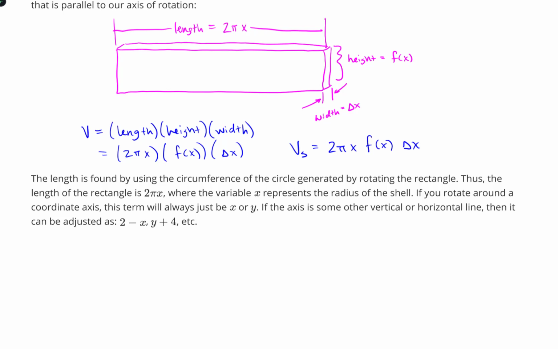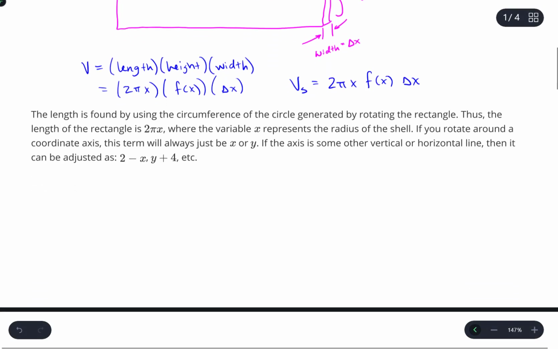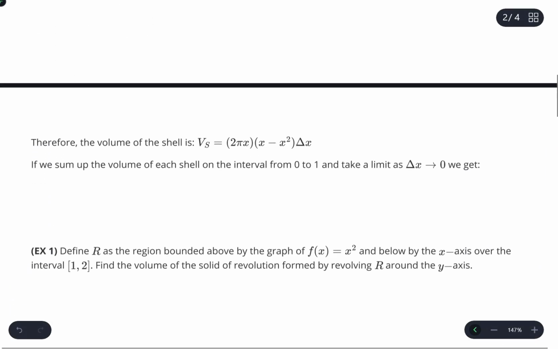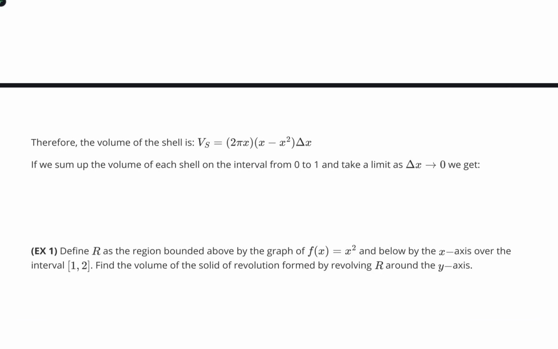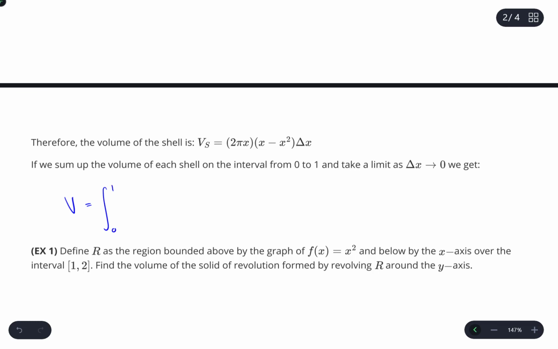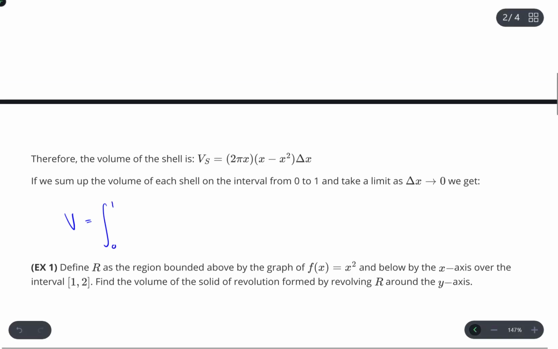All right, so that's what I have in the next part of the example. The volume of one shell is 2 pi x times your function times delta x. And if you integrate across the entire interval, we have the volume of this rotated region, from 0 to 1.